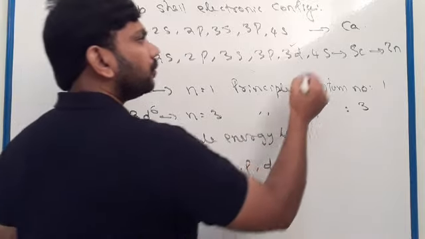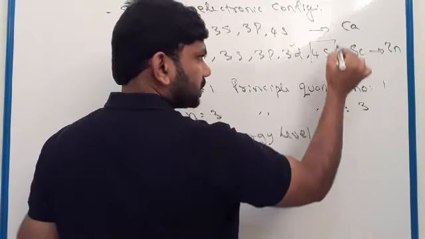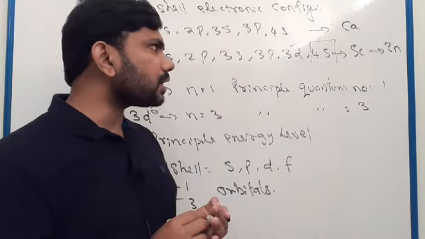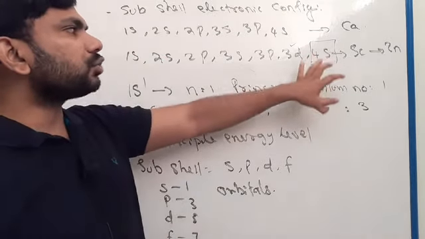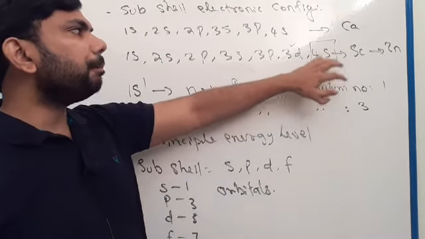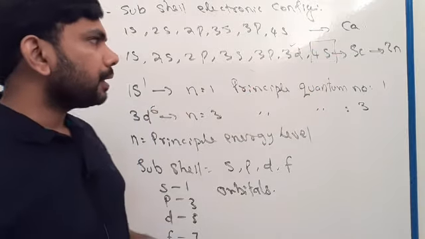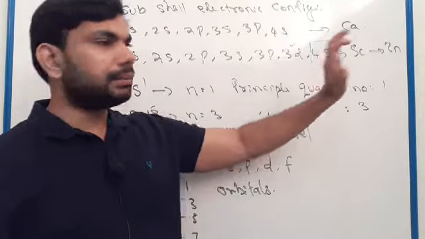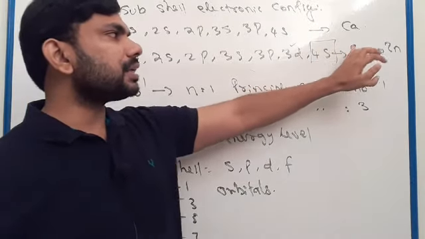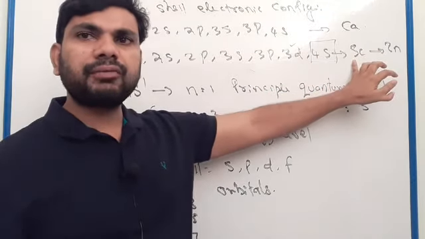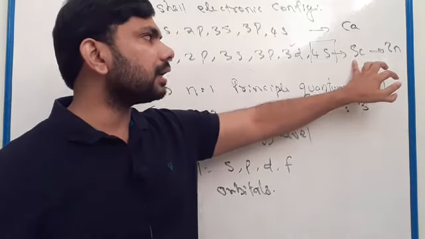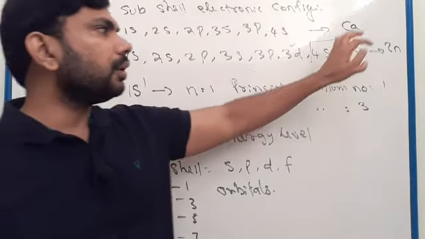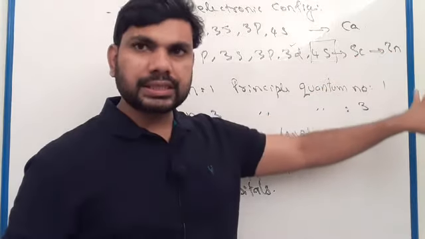Here the 4s orbital is filled first, before 3d. But electrons are filled in 4s before 3d. Clear? This will follow from scandium to zinc: scandium, titanium, vanadium, chromium, manganese, iron, nickel, copper, zinc. So this method is followed from scandium to zinc.